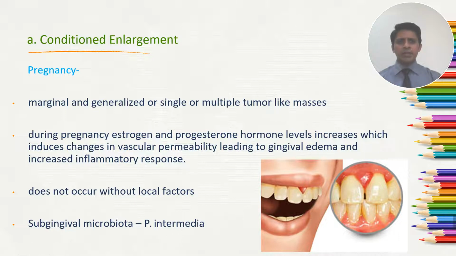During pregnancy, there is an increase in estrogen and progesterone hormonal levels, which induces change in vascular permeability, leading to gingival edema, which ultimately increases the inflammatory response of the gingiva. So it does not occur without local factors. So if the pregnant woman maintains her gingival oral hygiene, then this type of enlargement cannot be seen.